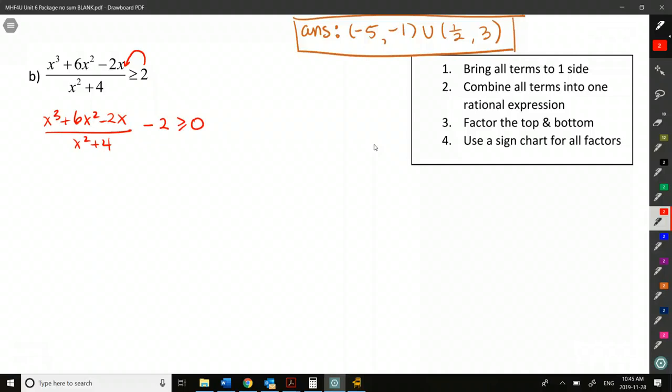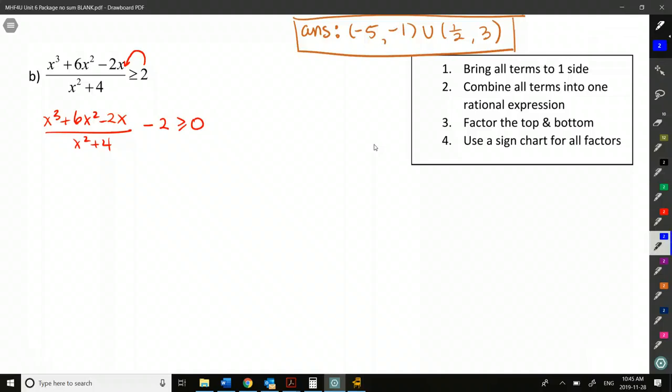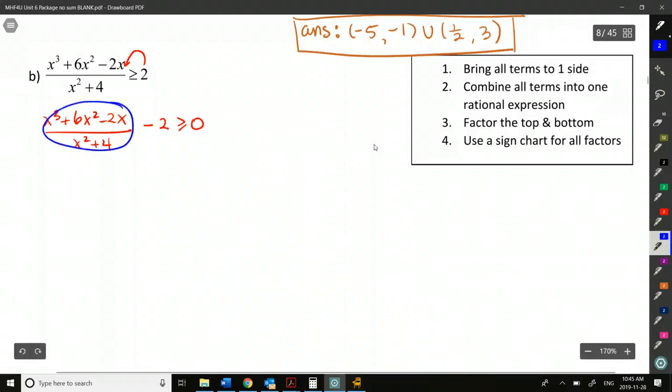And what I need to do here is create a common denominator. So before I do that, I'm actually just going to factor and common factor what I have. Actually, you know what? I'm not going to do that. We're going to create a common denominator here. So I need to multiply the top and bottom of this by x squared plus 4.